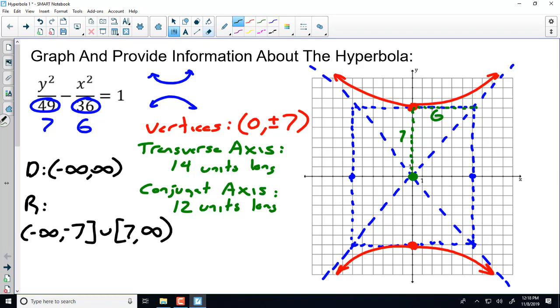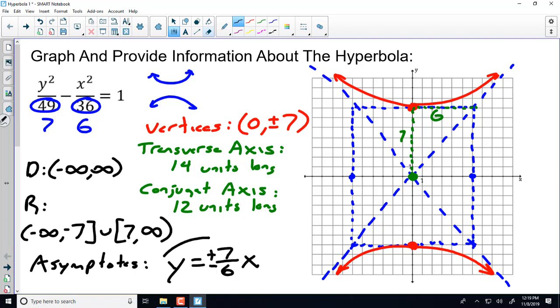So the asymptotes are going to be y equals 7/6 x. But the other asymptote is going to have the exact same slope, negative. So it's going to be plus or minus 7 over 6. So those are your 2 asymptotes right there.